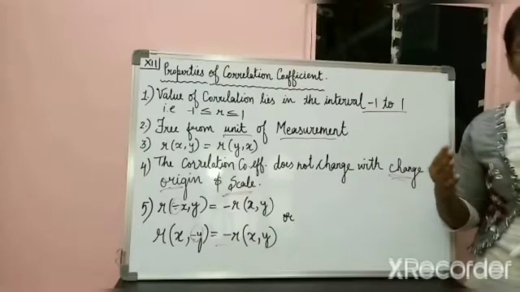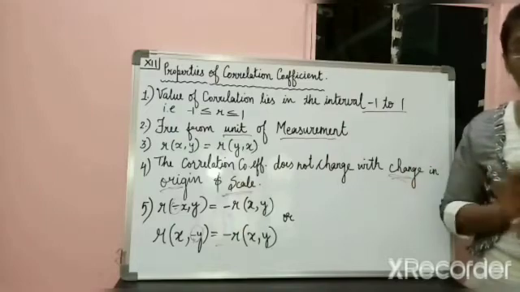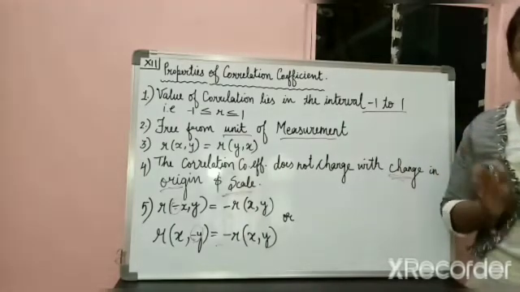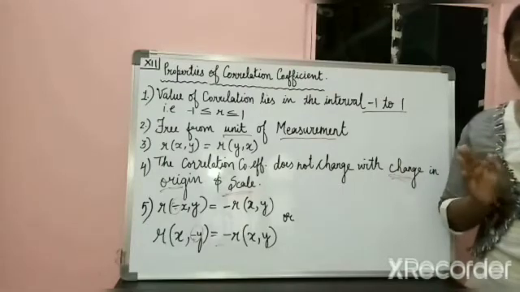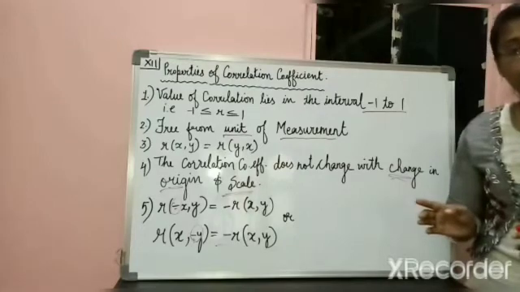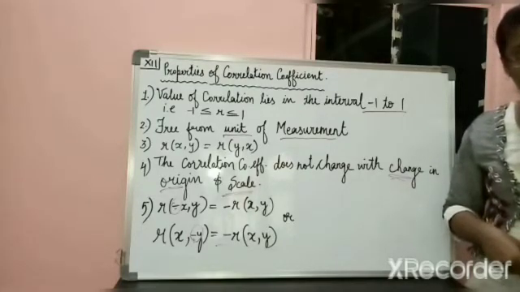Clear? Then fourth point, if you change the origin or the scale, the correlation coefficient would not be affected. Clear? And fifth point, if the sign of the values would be affected, your correlation coefficient would also be affected directly. So clear with these properties of correlation coefficient?